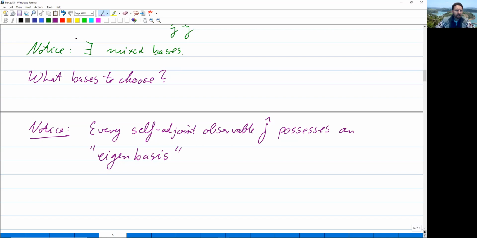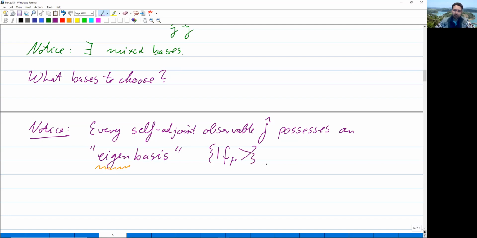You know, this word here, eigen, you may wonder, what does that mean? Well, it's a German word and it means own. It means it's the own basis of f hat. It's the basis that belongs to f hat. So it's its own basis. All right, so it possesses an eigenbasis. And the eigenbasis may be called the basis of vectors f with an index mu.